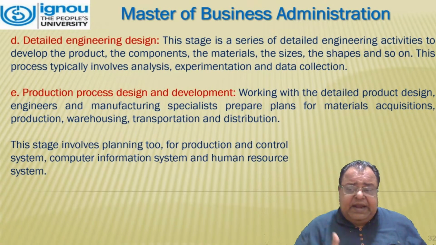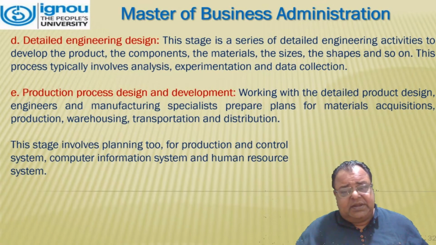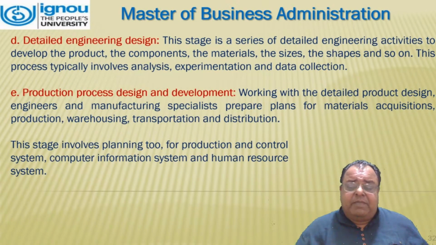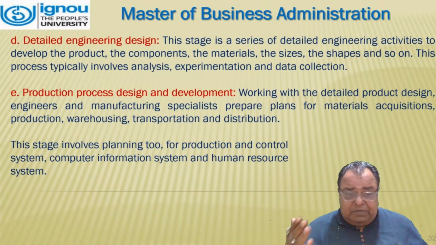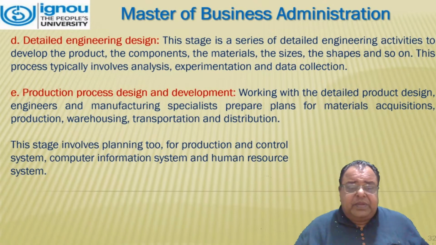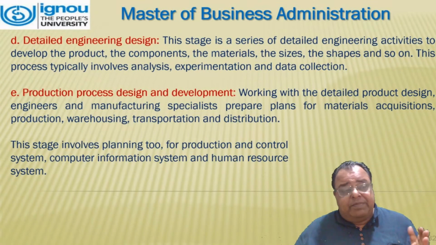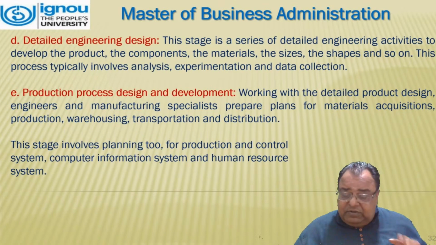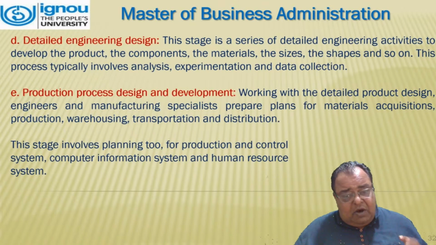Working with detailed product design, engineers and manufacturing specialists prepare plans for materials acquisition, production, warehousing, transportation, and distribution. This stage involves planning too for production and control systems, computer information systems, and human resource systems. You can see that all the departments of the organization are involved in this step.